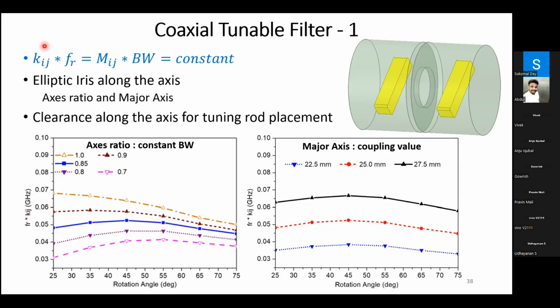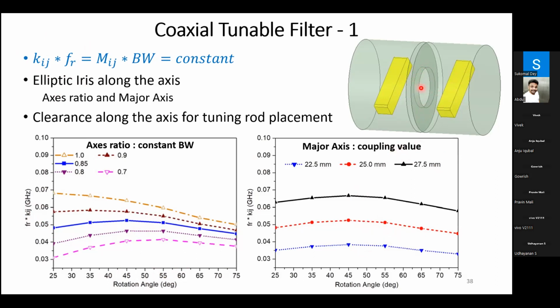We have seen that earlier. That is maintained constant over the tuning range as the resonators are rotated within the elliptic cavity. And the major axis itself can control the inter-resonator coupling value. That's how we were able to achieve different inter-resonator coupling values.